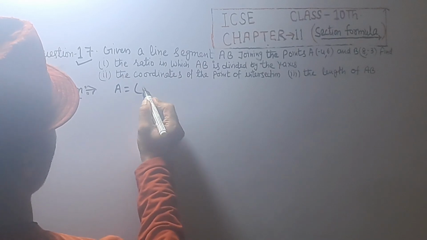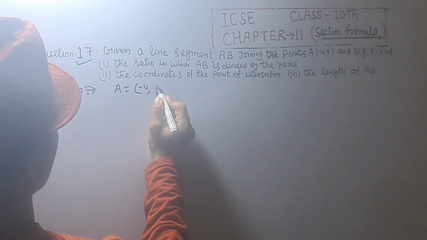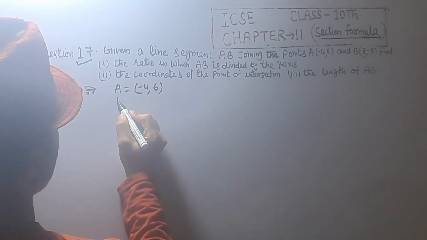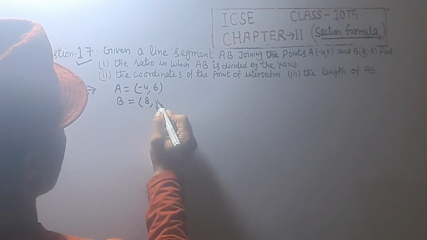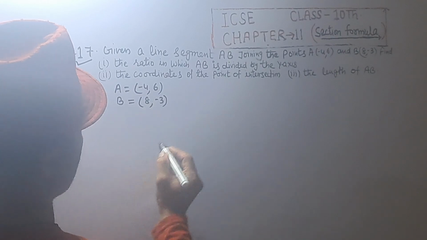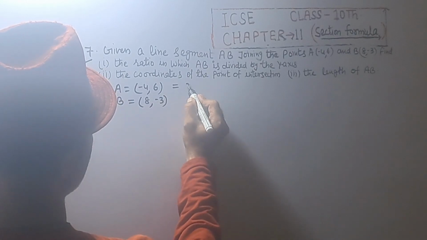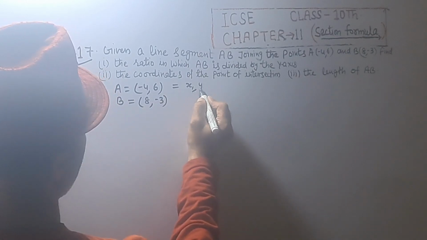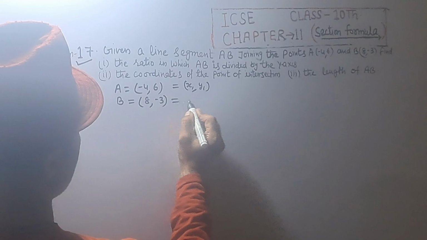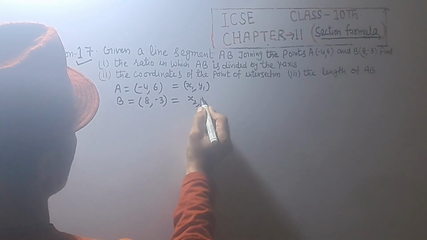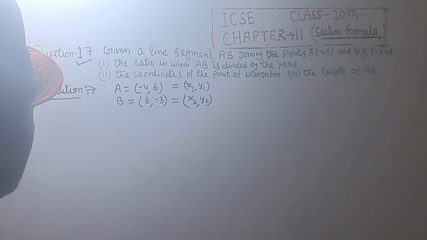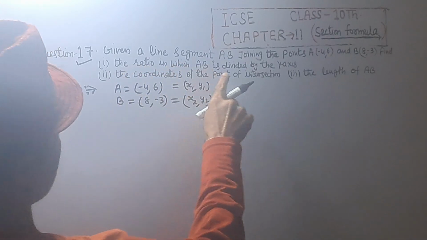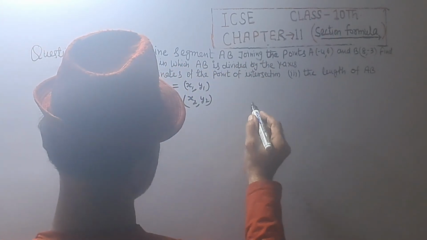A is equal to (-4, 6) and B is equal to (8, -3). That is x1, y1 and x2, y2. The ratio in which AB is divided by the y-axis.